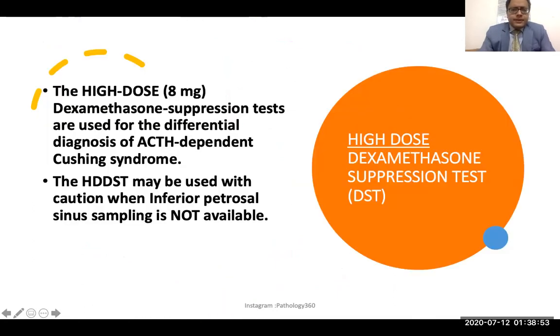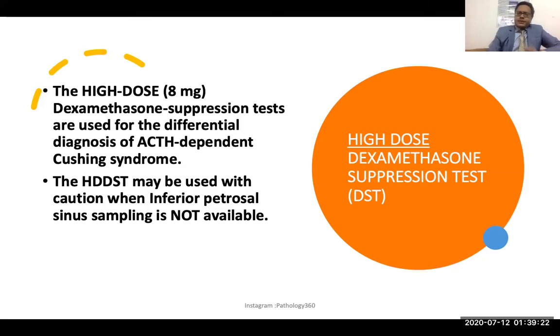The high dose test is particularly used for the differential diagnosis of ACTH dependent Cushing syndrome. That means if the Cushing syndrome is due to high ACTH production, what is the source of that high ACTH? Is it originating from the anterior pituitary, or from an ectopic ACTH source? It may be a lung tumor like small cell carcinoma.